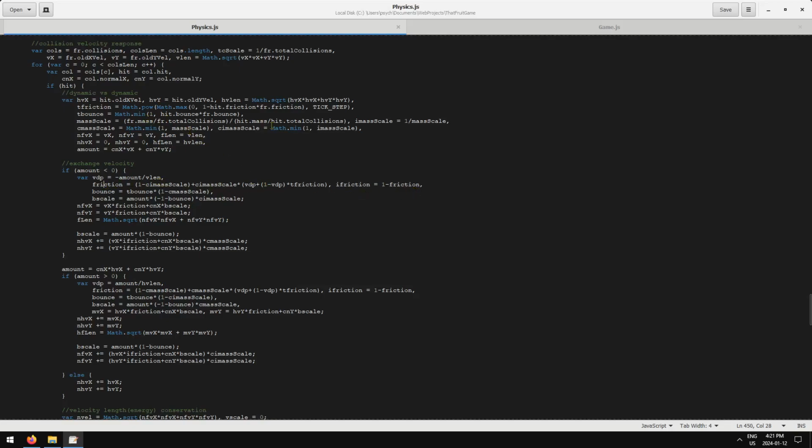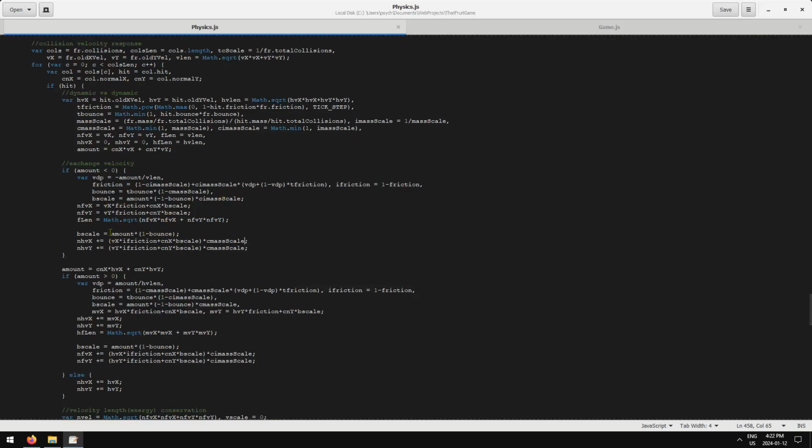So with our mass scale, we use this to basically scale the differences of the velocities. So say we're hitting the 10 mass object and our mass is 1, so the mass scale is 0.1, then you can see here when we hit the other object, it multiplies our velocity by 0.1 because our mass is 1 to 10 of that velocity.